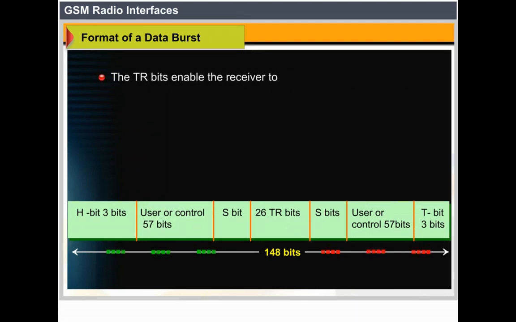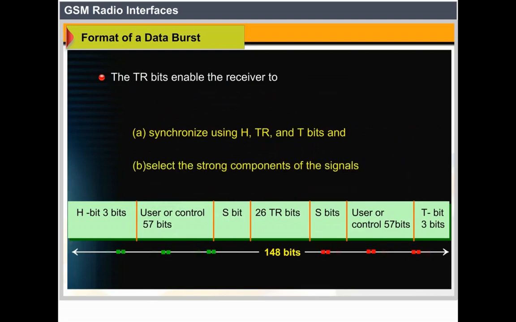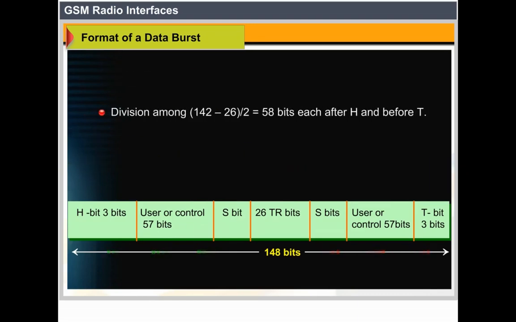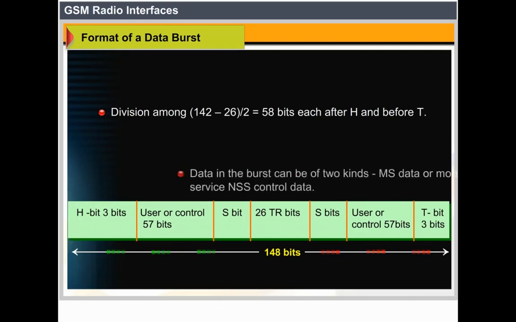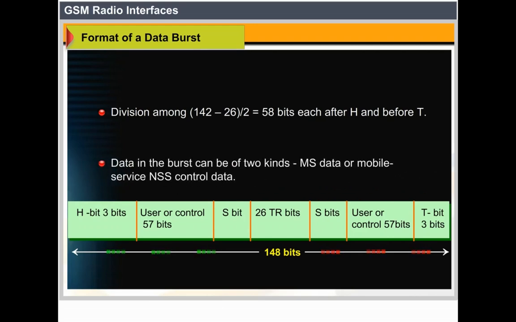The TR bits enable the receiver to synchronize using H, TR and T bits and select the strong components of the signals. Division among 142 minus 26 by 2 equal to 58 bits, each after H and before T. Data in the burst can be of two kinds, MS data or mobile service NSS control data.